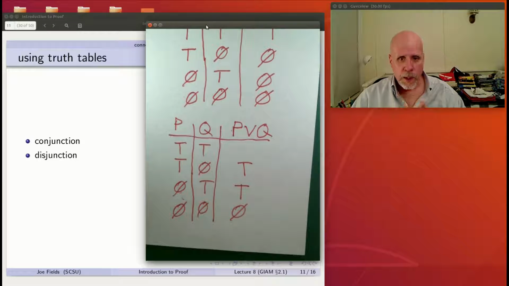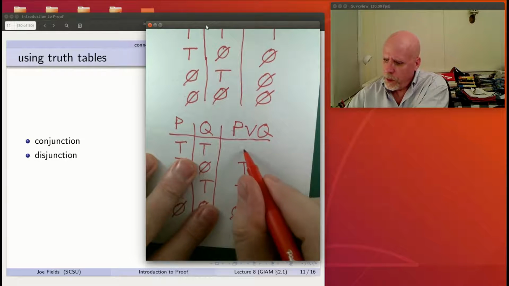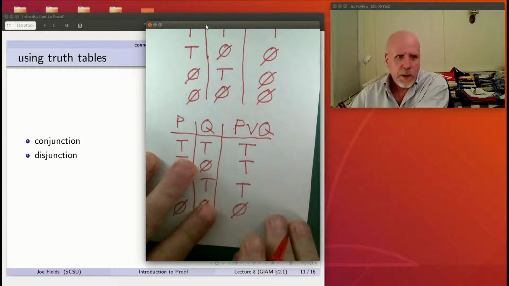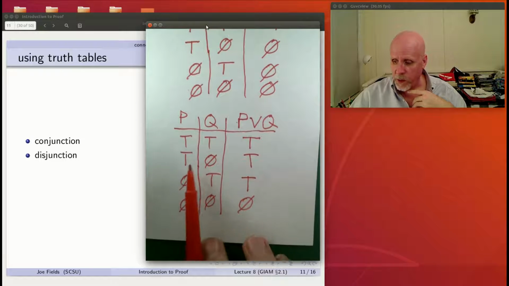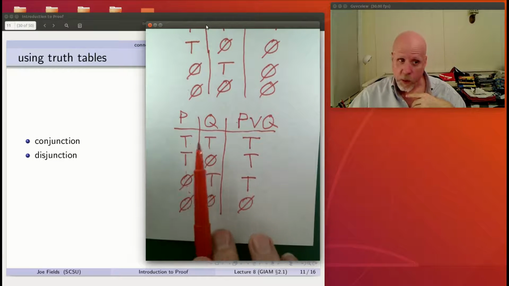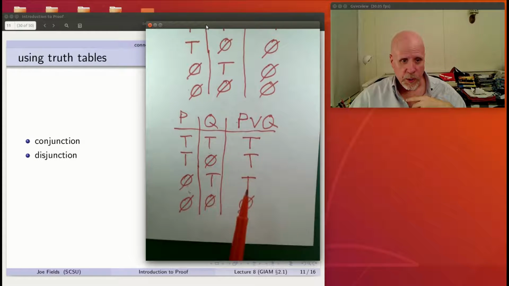But in logic, this is almost always represented as a T. There's actually another thing called XOR, which would have an F in that position, but it really doesn't get used that much in the logic world. So for logicians, or is defined like this. If either one of the sentences is true, including if both of them are true, you get true in the or. And it's only false in one scenario, if both inputs are false.